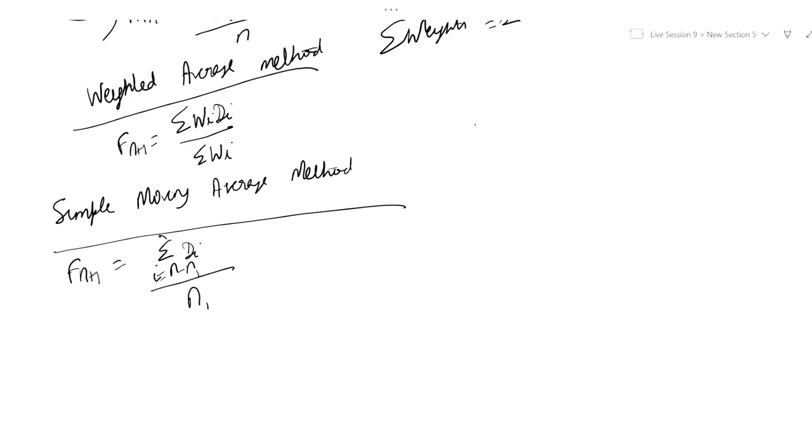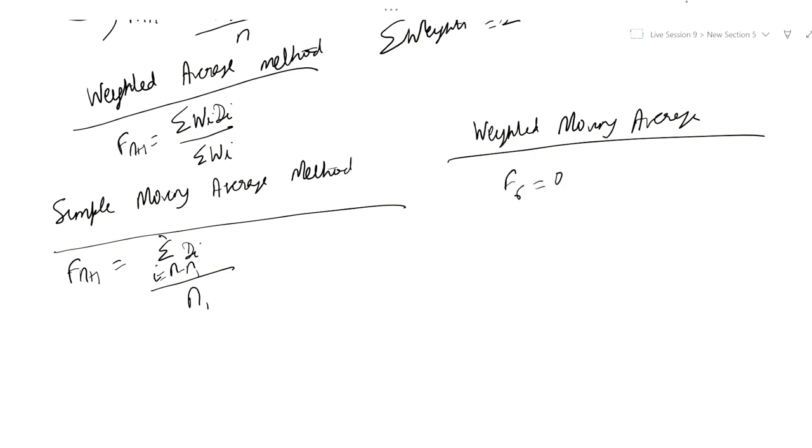And the weighted moving average method, for example, this is 0.5 into D5, 0.3 into D4.